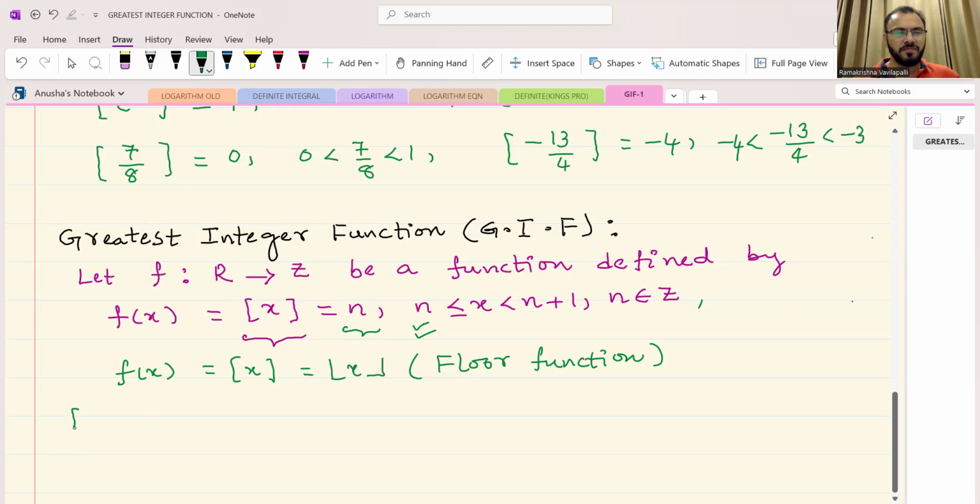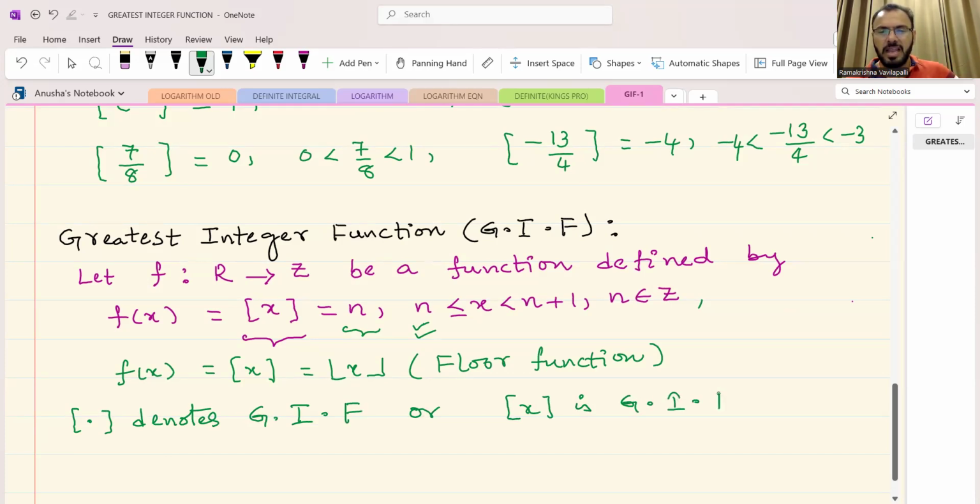So like this, represents or denotes greatest integer function, or integral part of x, is greatest integer function less than or equal to given real number. So this is over. What is the greatest integer function?